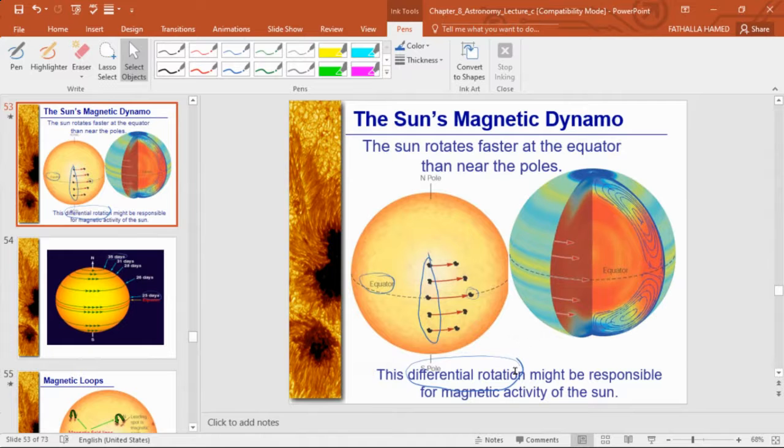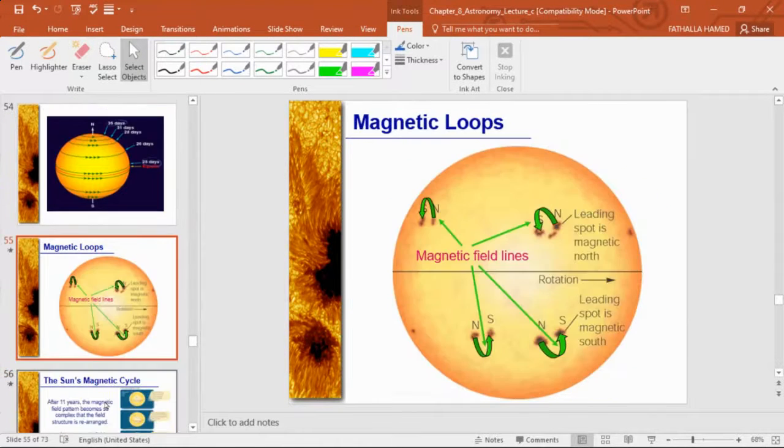So due to this differential rotation and the motion of the plasma, you can produce magnetic fields. So what is the structure of the magnetic field of the sun? Is it as static as we see for a permanent magnet? No, it varies.